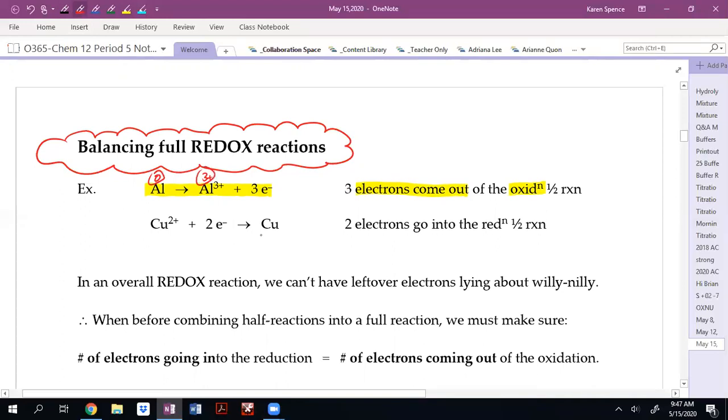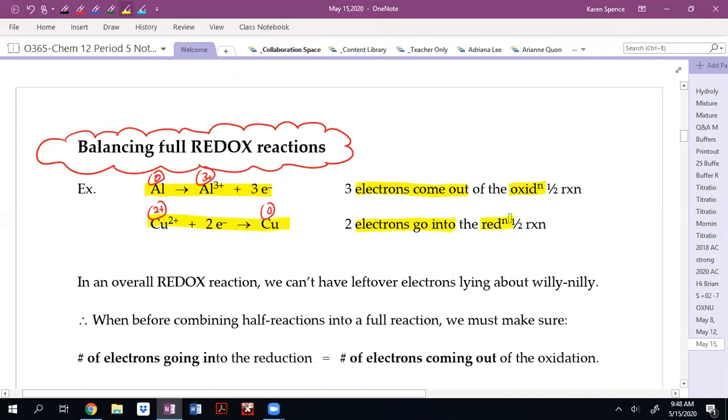We have another half reaction here, and we go from having a 2+ oxidation number to a 0 oxidation number, and the electrons are going into the reaction, and because they're going in, we are gaining electrons, and so that is the reduction half reaction.